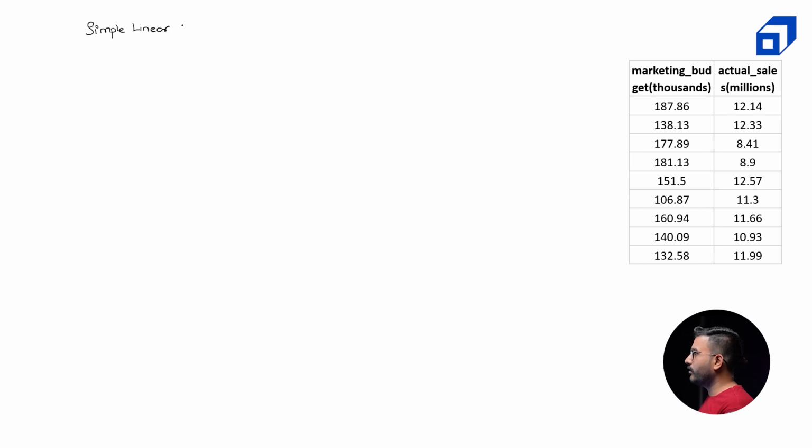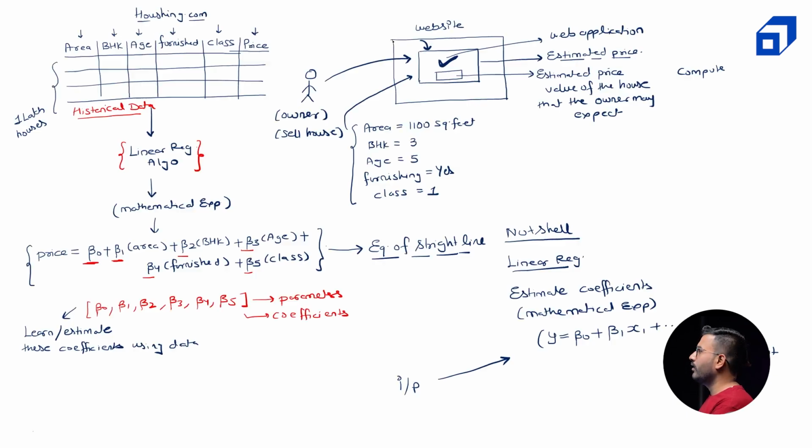And the difference between simple and multiple is nothing but the number of independent variables. So this particular discussion that we did was the part of multiple linear regression.